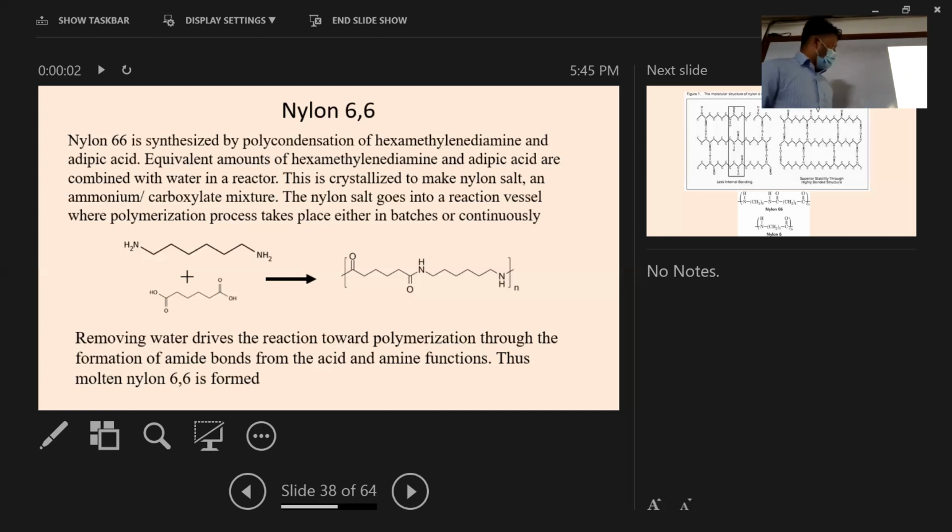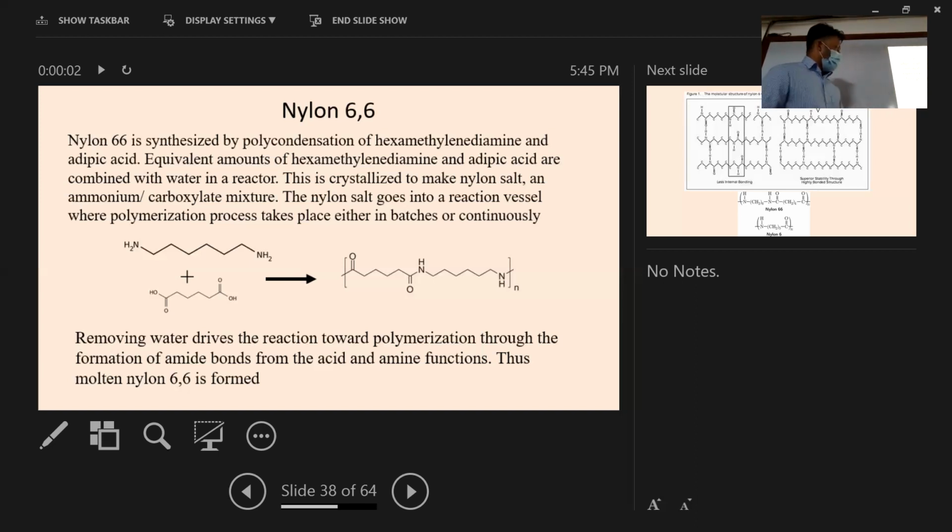And removing water drives the reaction toward polymerization. When we make the salt and water, because we mentioned that this is a base and this is an acid, when the acid and base react we get salt and water. So by removing that water, it tries to make the polymer.